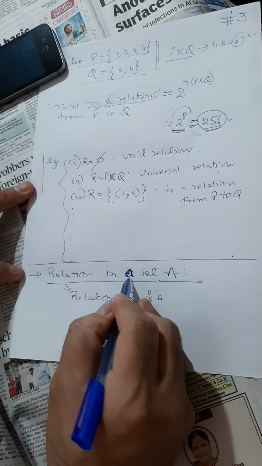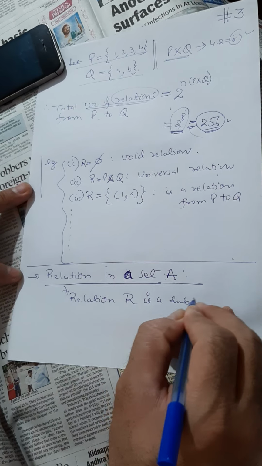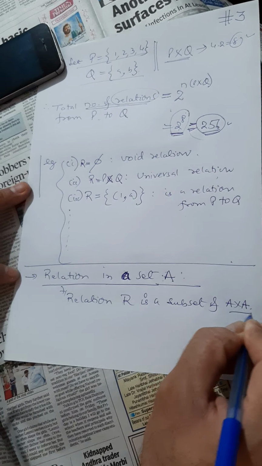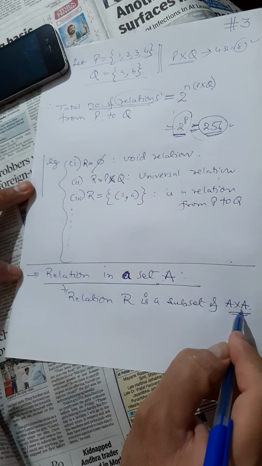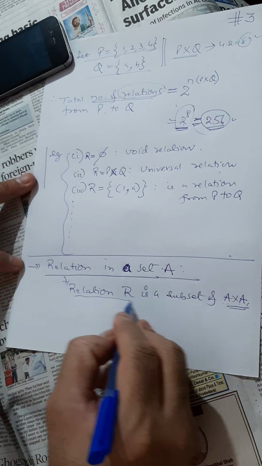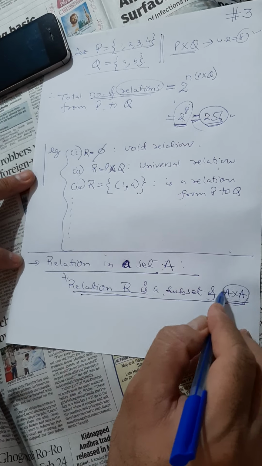Relation in a set A means R is a subset of A cross A. Earlier we had A cross B, where the two sets were different. Here both are equal, that's the only difference.